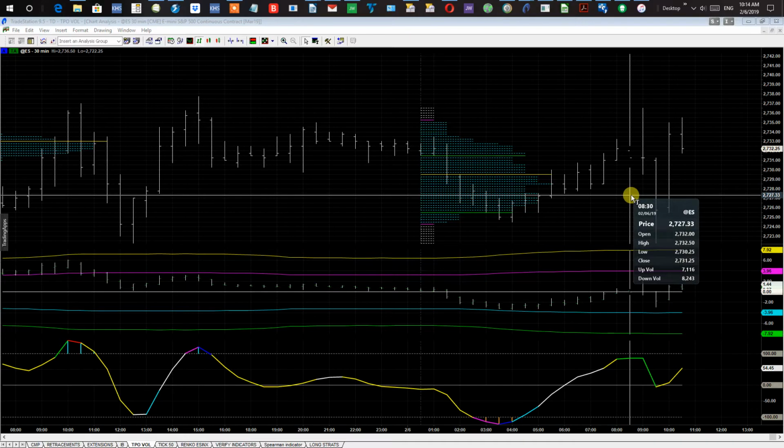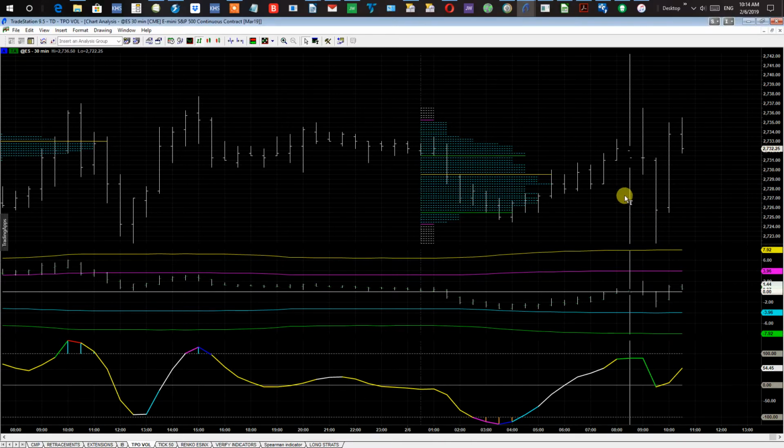Here we are at 8:30, and we are above the point of control with a pretty good indication that the market is going to be going long, which of course it did initially, but it didn't last, because our thinking was this: if we fail to make a new high from yesterday, this is going to short. And I think everybody would agree with that.